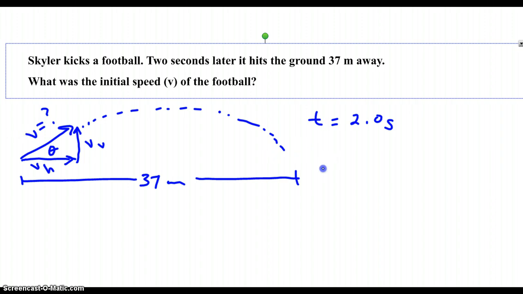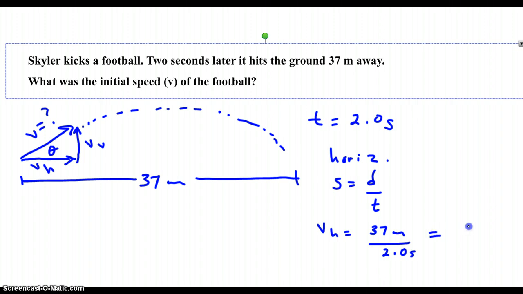First, let's see if we can find VH. So horizontally, it's moving at a constant speed, and speed equals distance divided by time. So the horizontal speed, VH, is equal to the total distance the ball traveled, 37 meters, divided by time, which is 2 seconds.